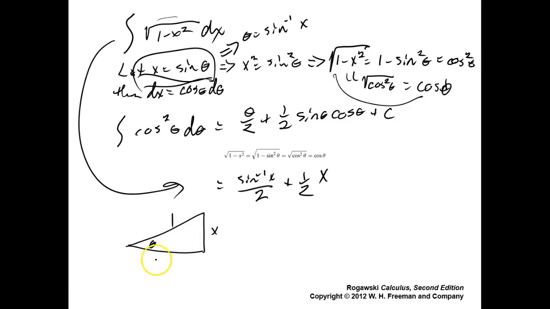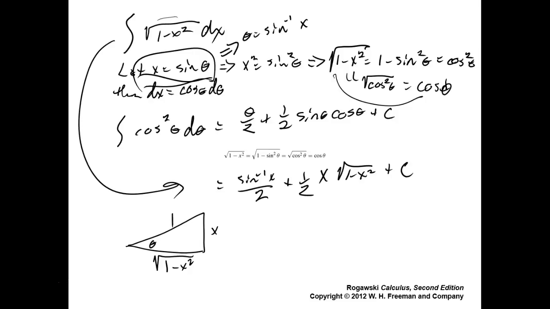And just like you said before, this would be the square root of 1 minus x squared, right? So cosine theta would be the square root of 1 minus x squared. And then you have your plus c. So again, that's where little pictures will help.